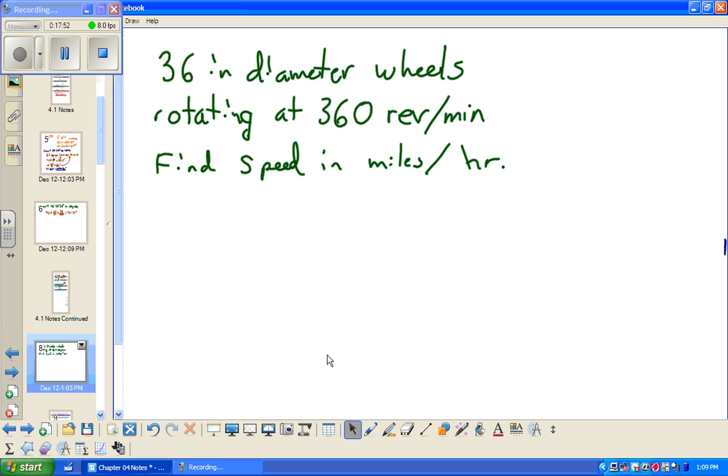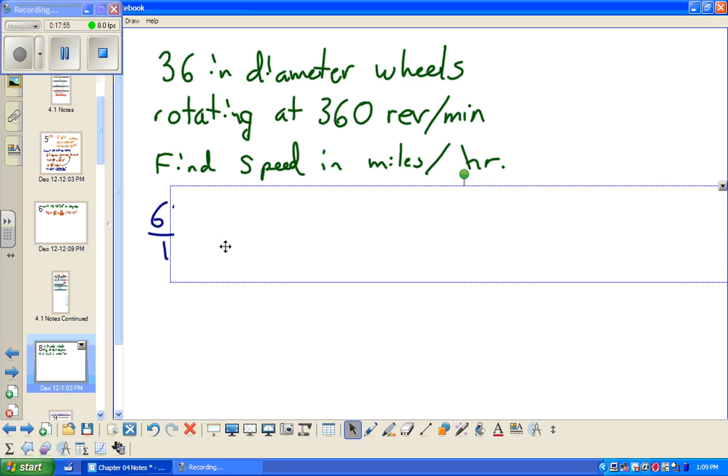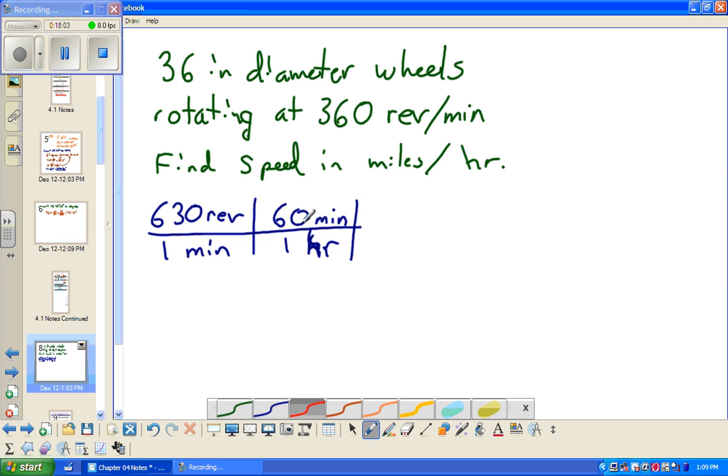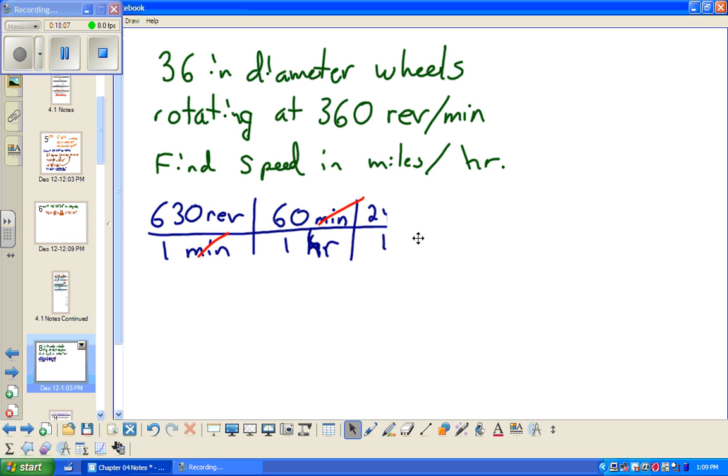Here's how it'll work. So we'll take the 360 revolutions per minute, and we have to convert those to hours. We know that there's 60 minutes in an hour, so that'll get rid of the minutes.